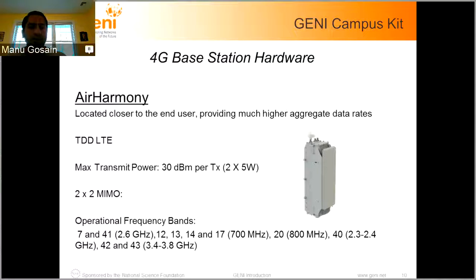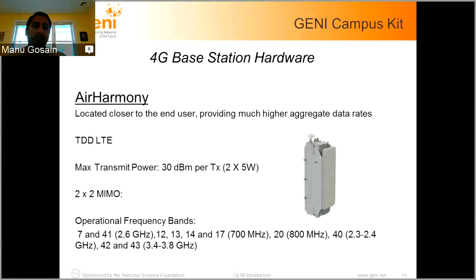This is basically commodity hardware that we acquire and provide to each campus. We use a base station from Airspan Networks. It's called AirHarmony. It's a form factor which is much smaller than a macro cell, so it's not a really powerful transmitter. It's only 2 transmitters, with a maximum transmit power of 5 watts. And it runs a flavor of LTE which is based on time division, not frequency division.